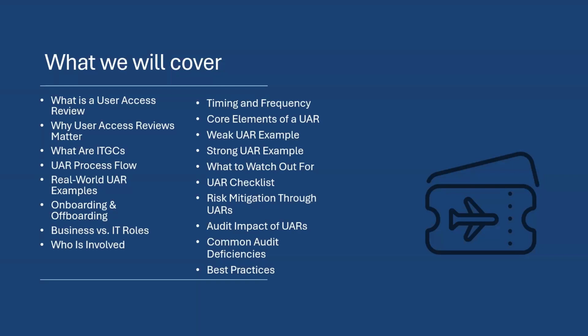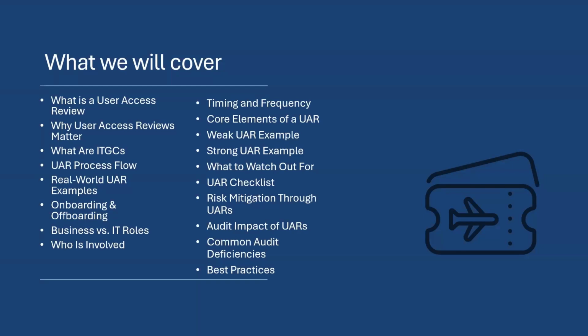So what we'll cover today is the basics: an overview of user access review and why it matters, and a high-level understanding of what ITGCs are, just to refresh everyone's memory. Then we'll get into the user access review process flow, talk about some real-world examples, and talk about the impacts of a weak control environment, where not having user access reviews is probably one of the culprits.